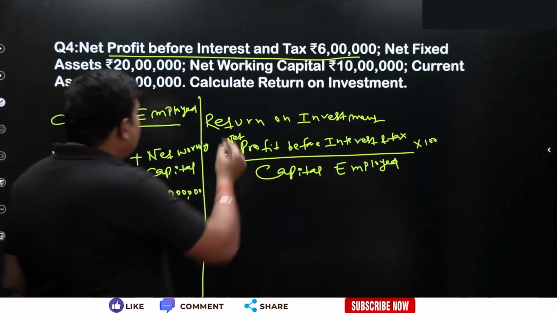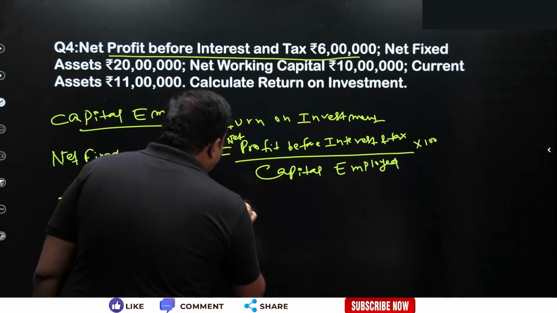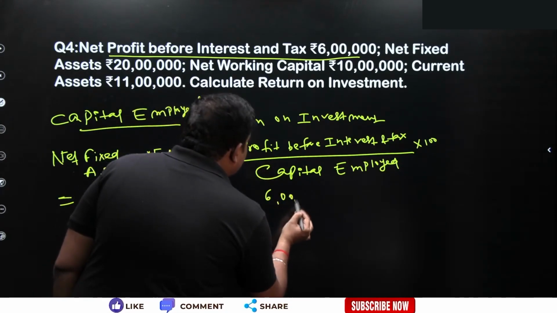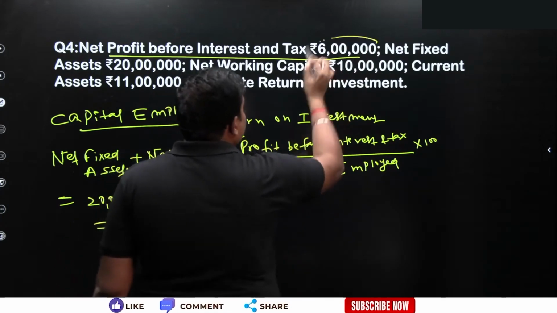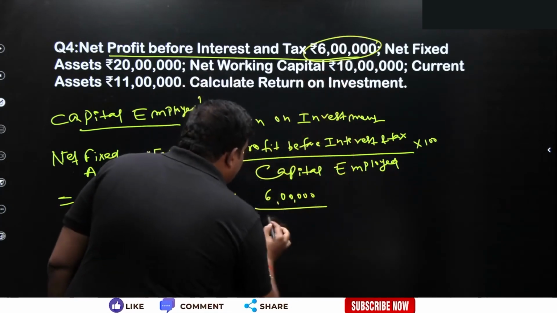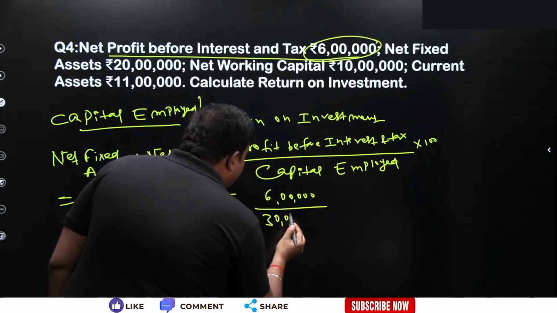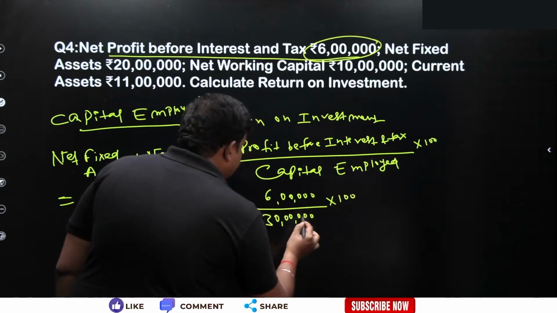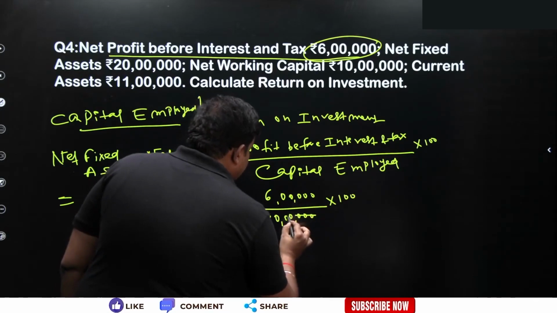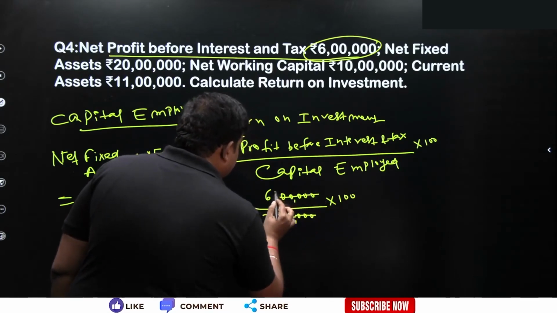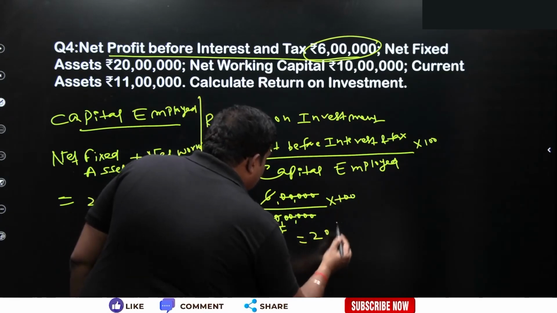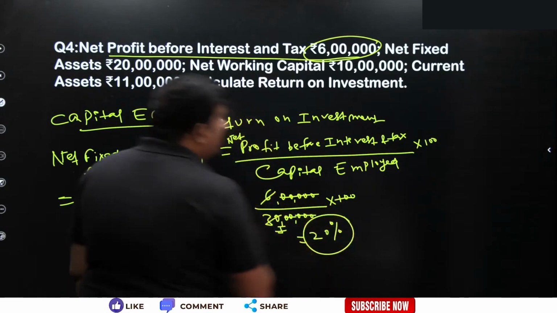Now we have both: net profit before interest and taxes of 6 lakh, which is already given in the question, and the capital employed that we have just calculated, 30 lakh, into 100. So this is again 20%.